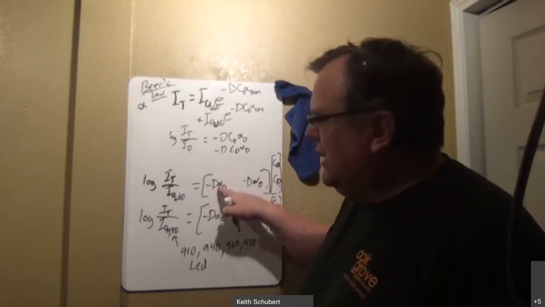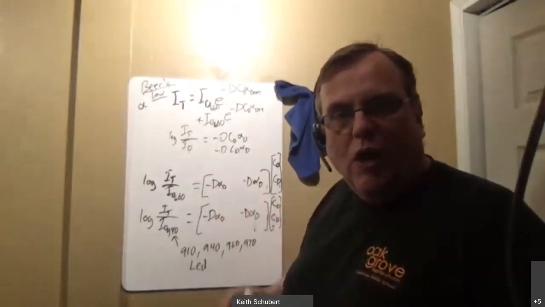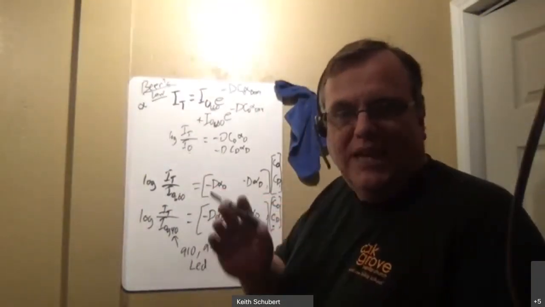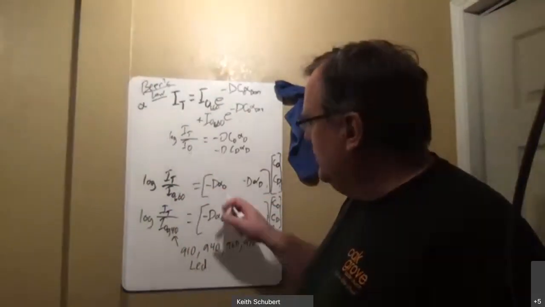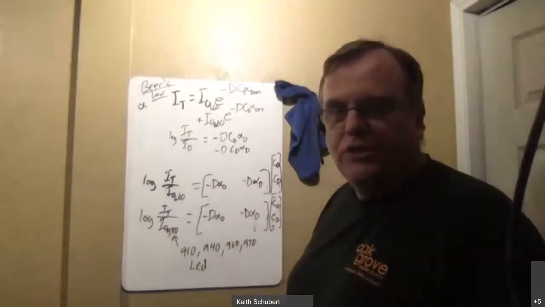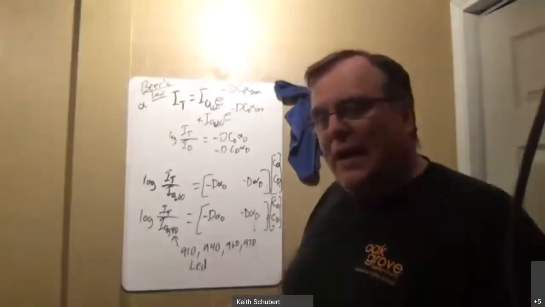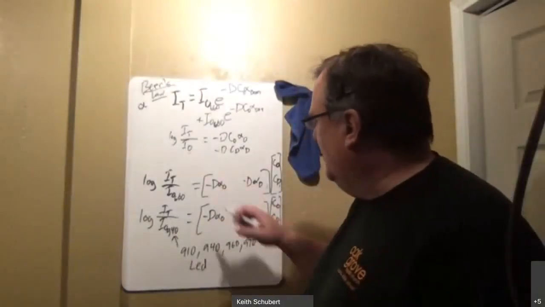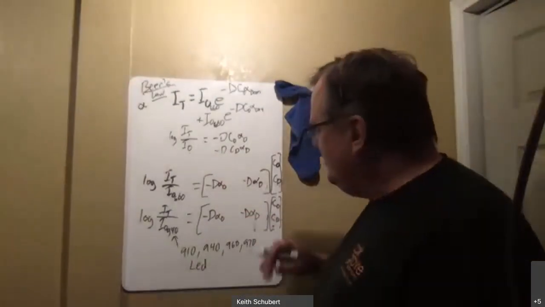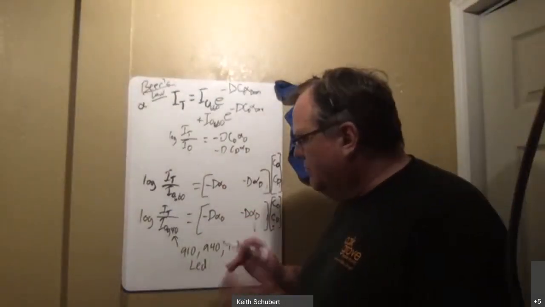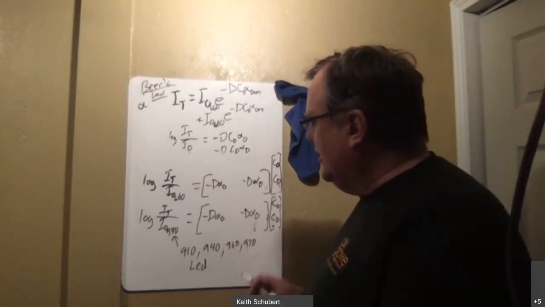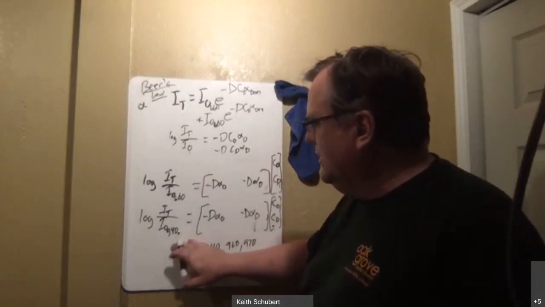All you have to do is go to the graphs, or you can pull up a table that has the extinction coefficient at different wavelengths, and you put them in. And we're going to show how we can even bypass the need to measure those at all in a sec. But this is just kind of the first cut of it.